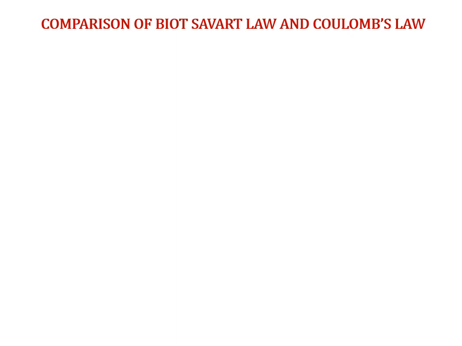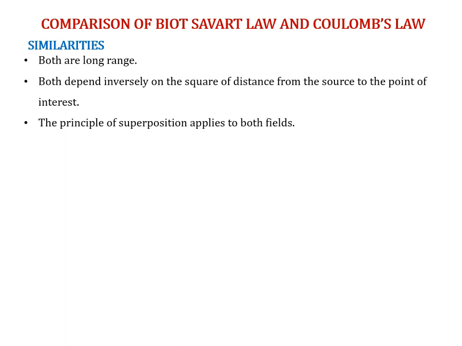We have written expression for magnetic field using Biot-Savart's law, and also we have seen now the expression for electric field using Coulomb's law. Let us compare both these fields. We take first the similarities between the two. Both the fields, that is electric field as well as the magnetic field, are long range. You know, electric field line due to a point charge starts or ends at infinity.